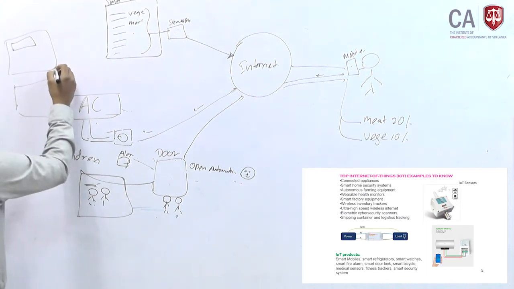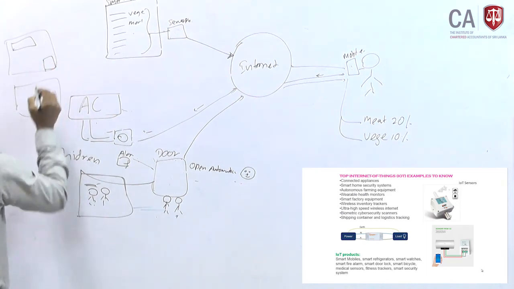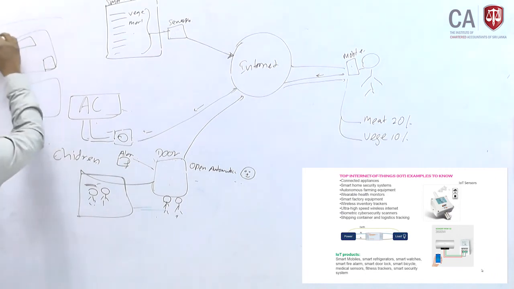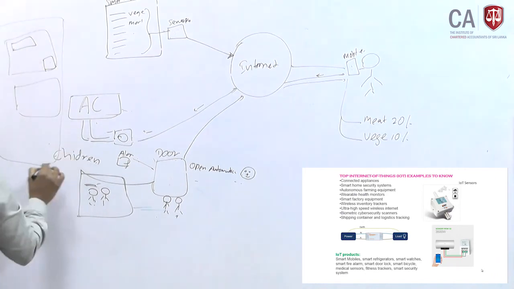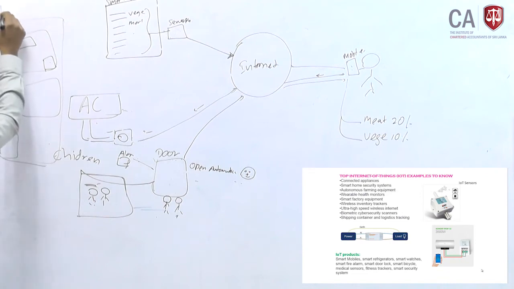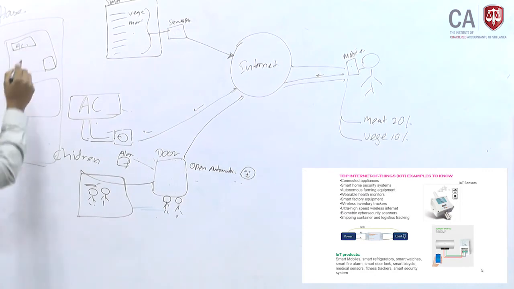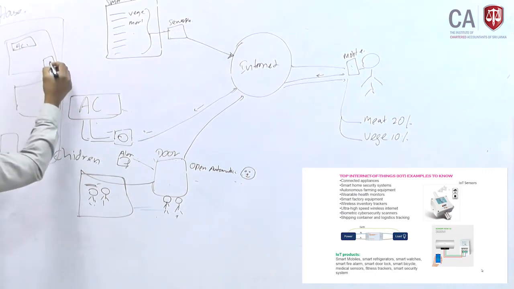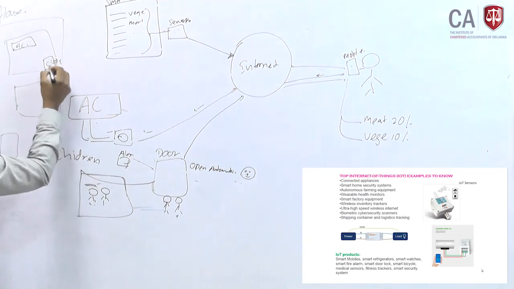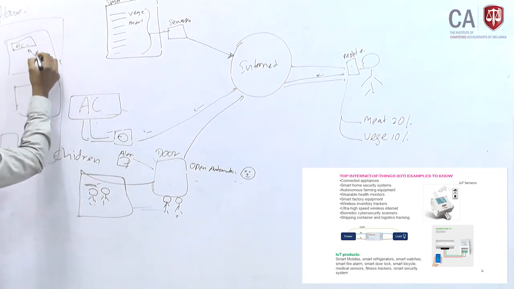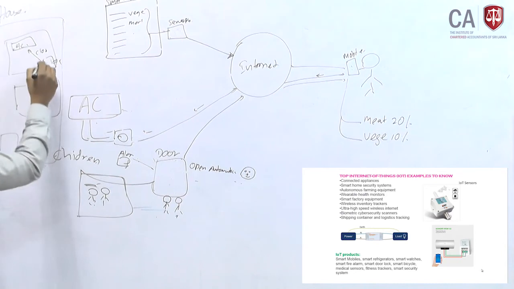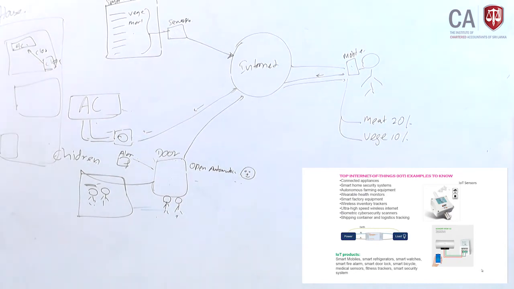This is your house, and here is the main door. You switch on the AC. When you close this door, the AC will automatically switch off. Through a device, it identifies this automatically.